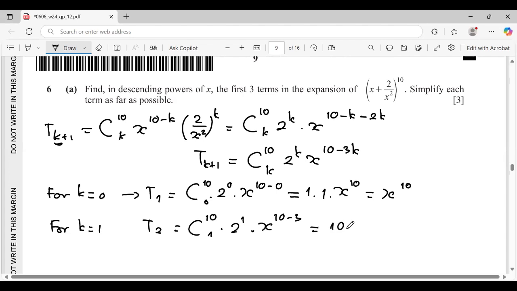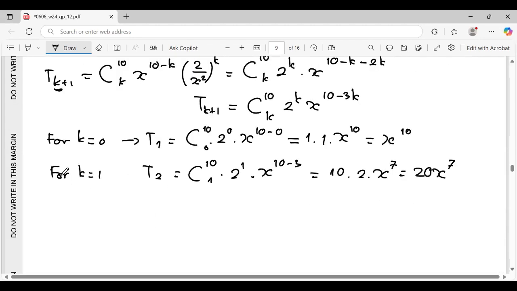So it becomes 10 times 2 times x to the power 7, which is 20x to the power 7. For k equals 2, T3, the combination 10, 2, which is 45, times 2 squared times x to the power 10 minus 6.